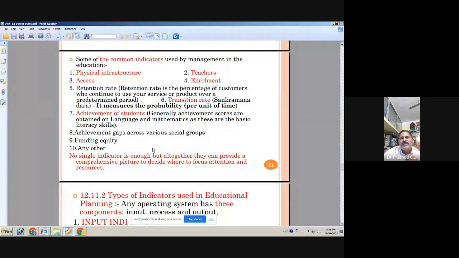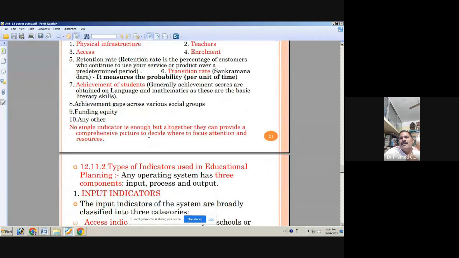If the school students do not do better in the examination, then it will not be considered a good indicator. Then funding quality, funding equity is there, financial conditions we must have to see.